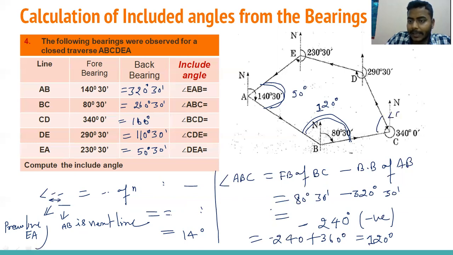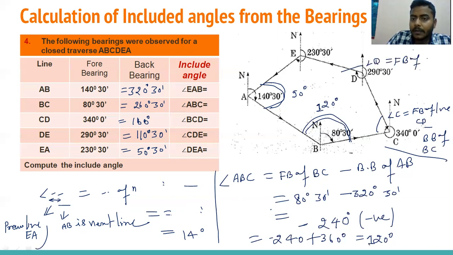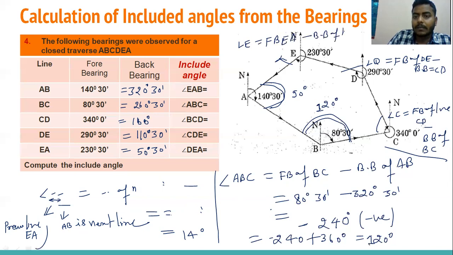When you are going for angle C, we take the forward bearing of line CD minus the back bearing of line BC. When you are going to calculate angle D, the forward bearing of line DE minus the back bearing of line CD. When you are going to calculate angle E, then the forward bearing would be EA minus the back bearing of line DE.